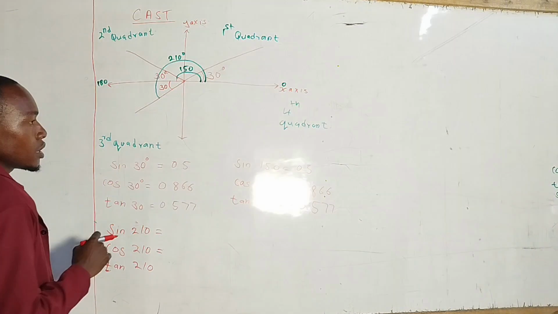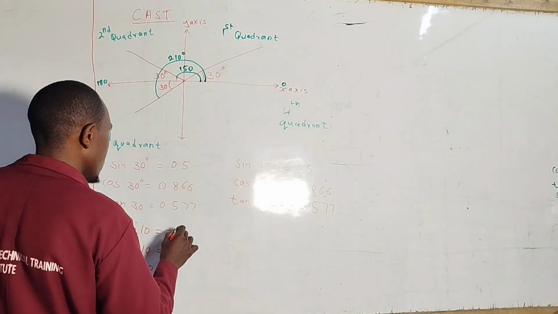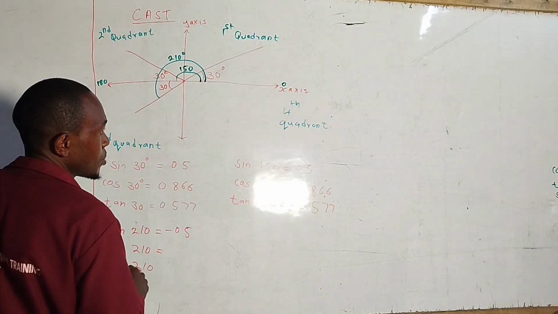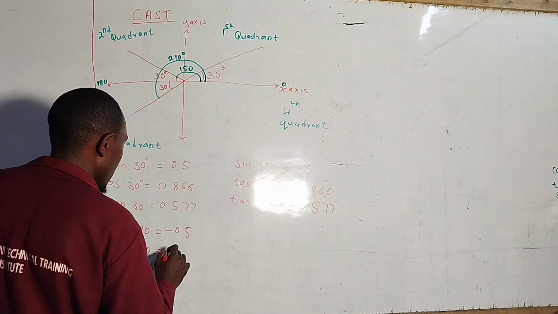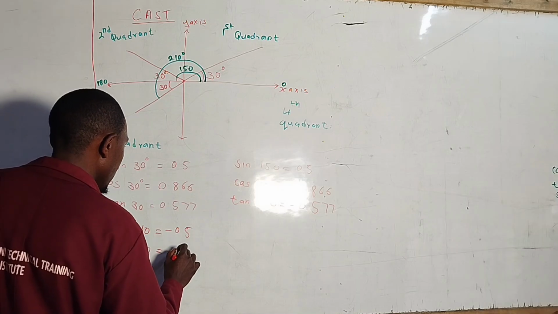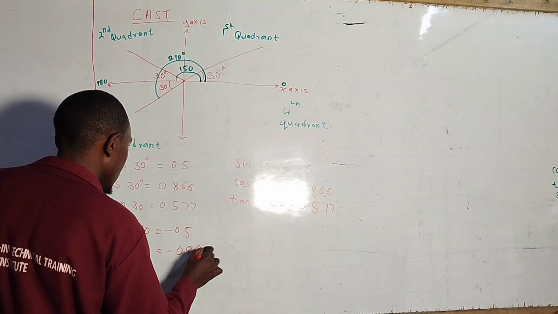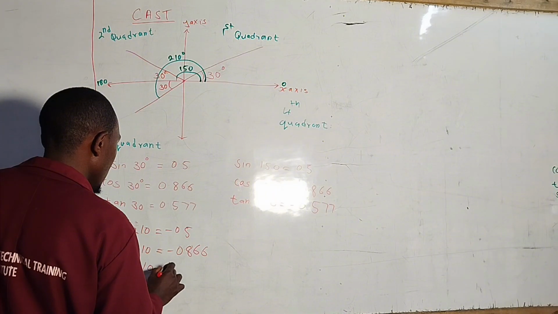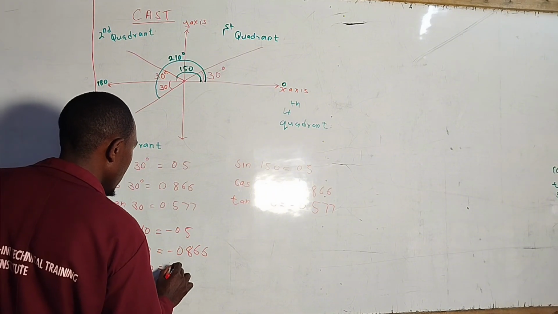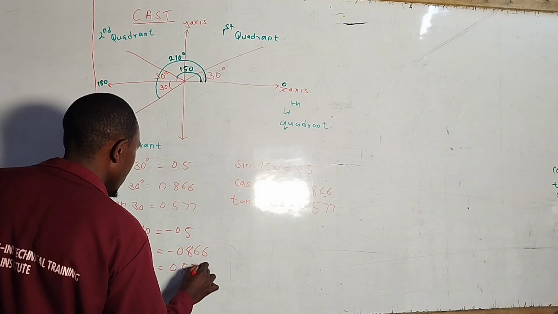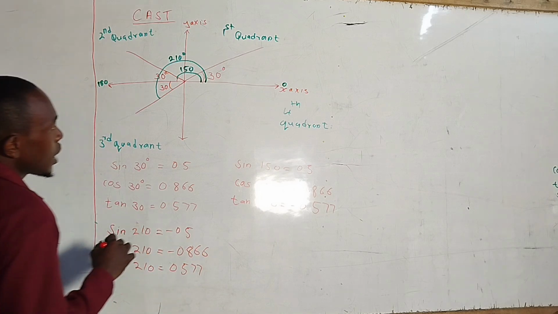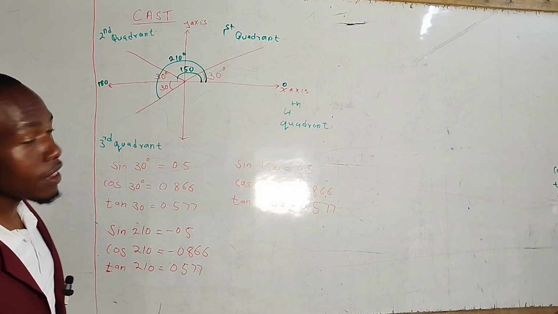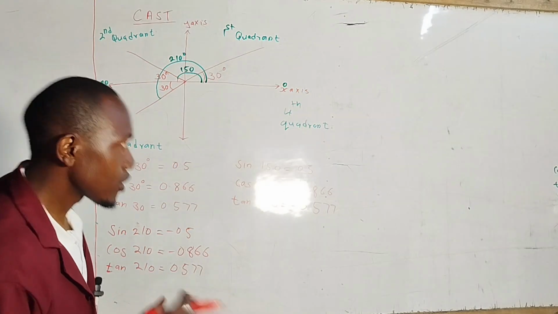Sine 210 is going to give me negative 0.5. Cos 210 is going to give me negative 0.866. Tan 210 is going to give me a positive 0.577.